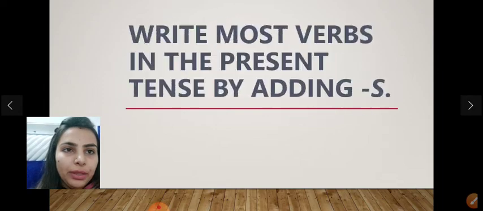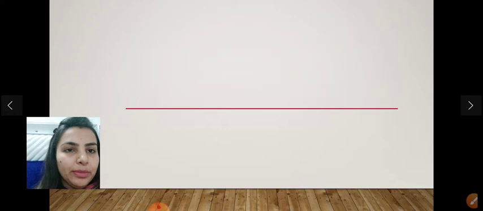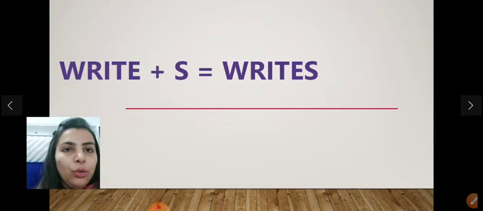Next, write most verbs in the present tense by adding s. Like in the past tense, we add ed with some verbs to make it past tense. Here, to make the present tense, we have to use s or es. See?